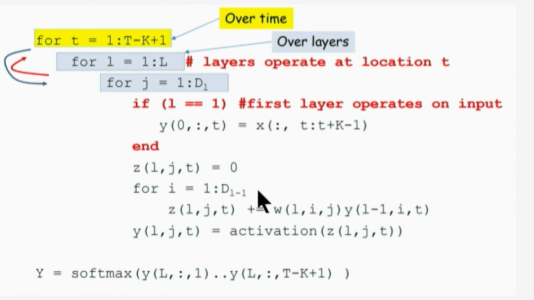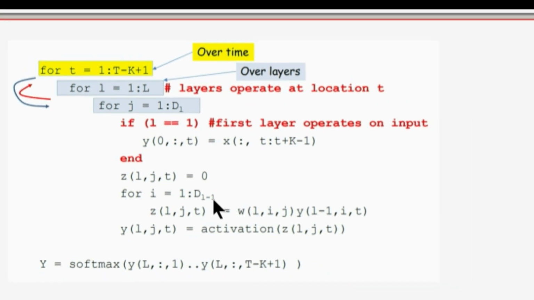And then we have the loop i equal 1 to D_l minus 1. For generality we have put D_l minus 1 because your current layer neurons will be accessing the outputs from the previous layer neurons. So we have written this in a layer oblivious way.